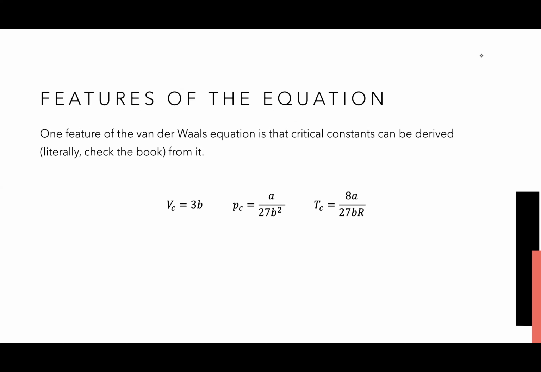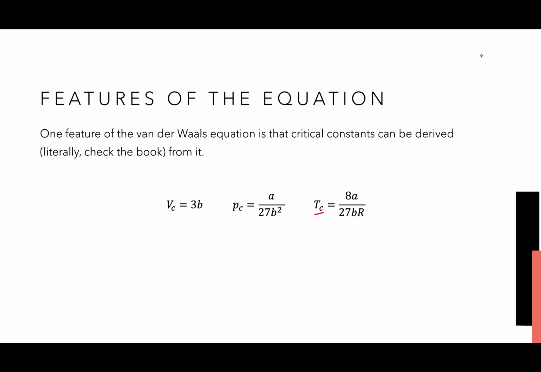You can look at all the derivations of it. I'm not going to go through all of them because I don't see that big of a point to it, to be honest. But what we can see is that, let's say we talk about a critical temperature. Our critical temperature for a gas is going to be 8A over 27BR.